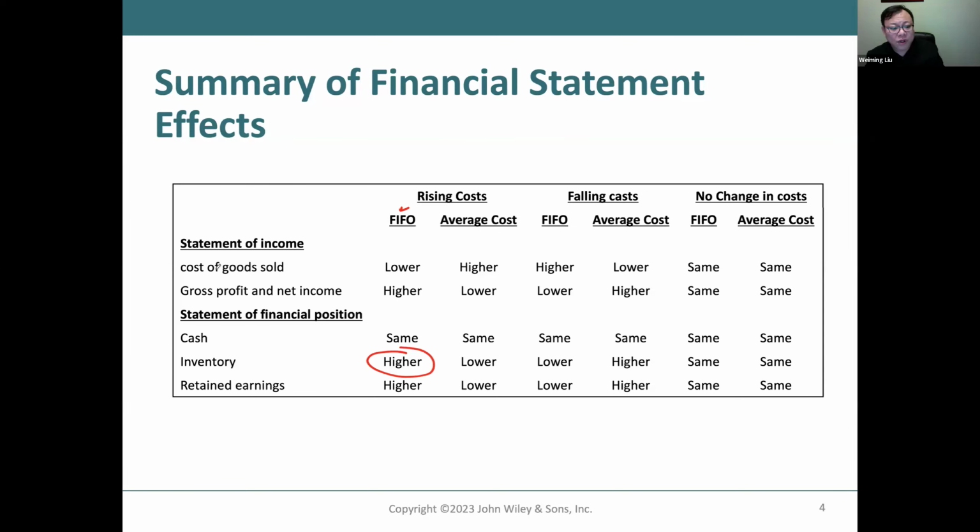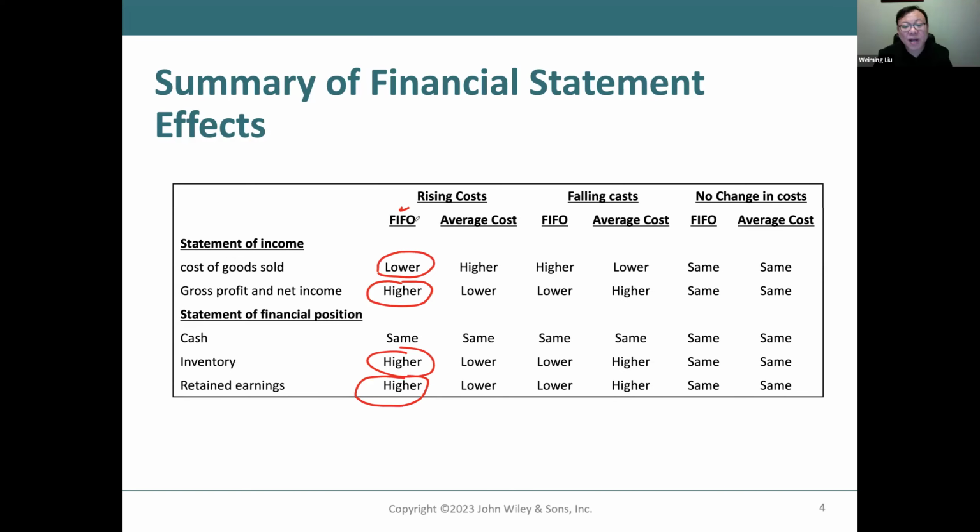Therefore, your cost of goods sold should be lower. If your cost of goods sold is lower, your gross profit and net income should be higher. If your net income is higher, your retained earnings should be higher. You see the logic?